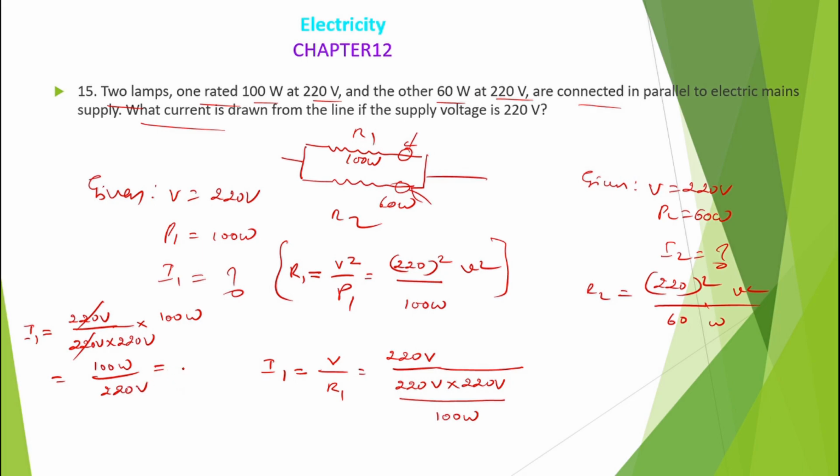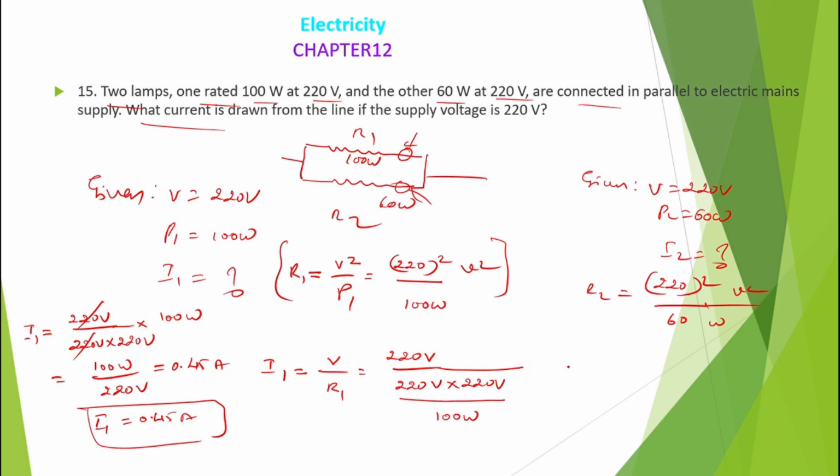If you simplify this, you will get 0.45 amp. That means I1 is equal to 0.45 amps. So this much current is flowing through R1.